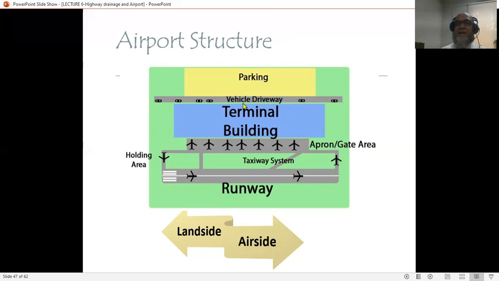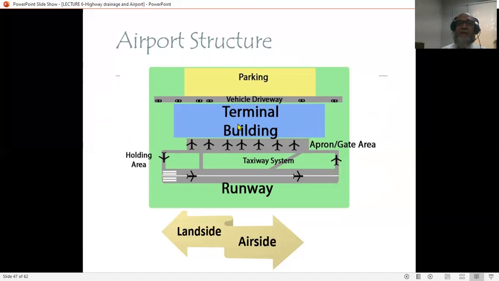Once you have entered the terminal building, you go through different processes: security, baggage checks, boarding card, and then customs facilities. Once you are over it, you go to the desired gate, as we say, to get seated in an aircraft.